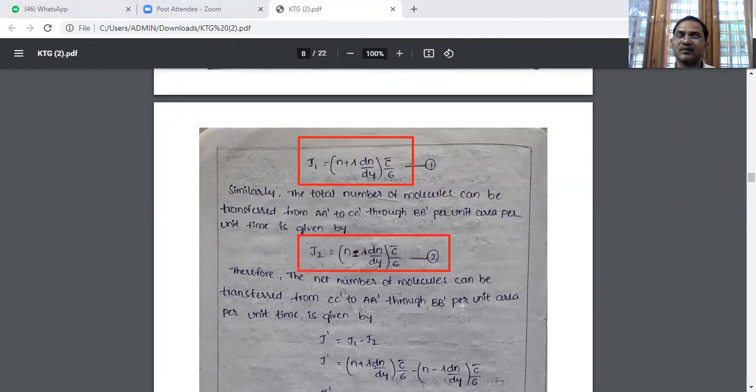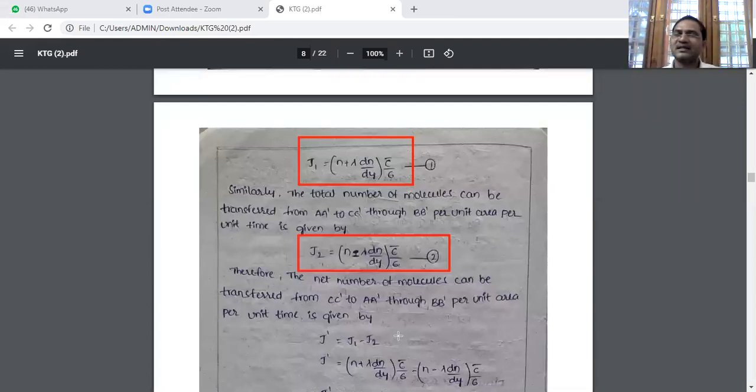Yes, sir. Followed. So therefore, the net number of molecules transferred from CC dash to AA dash through BB dash per unit area per unit time. Some molecules are transferring from CC dash to the bottom layer AA dash, and some molecules are transferring from AA dash to CC dash.